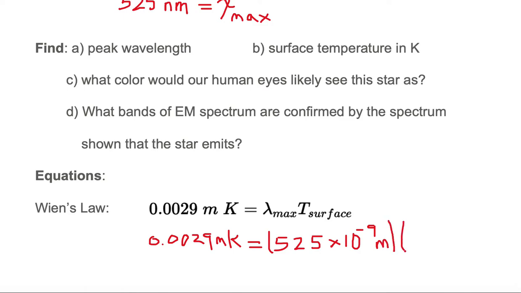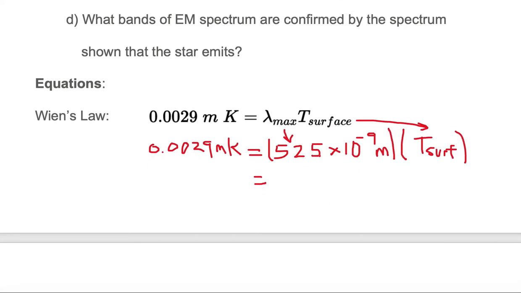Then we just carry the other one down, which is the surface temperature, and I'm going to label it surf to make it short instead of surface. You can see I substituted in for wavelength maximum and carried down the surface temperature. All we need to do is divide both sides of the equation by 525 times 10 to the minus 9th meters.